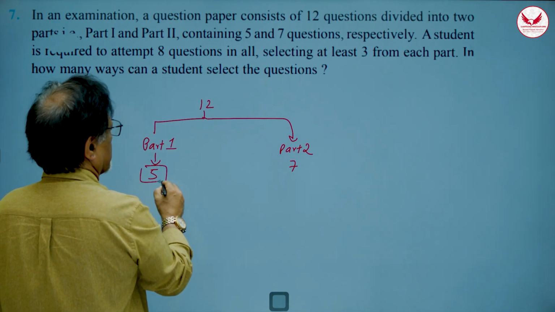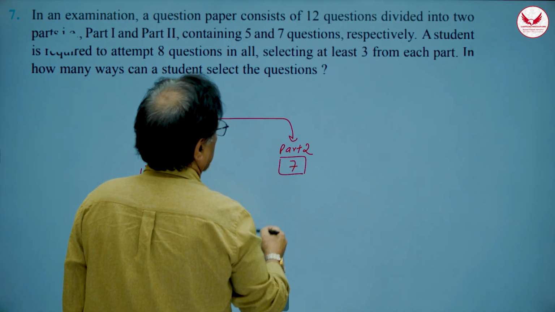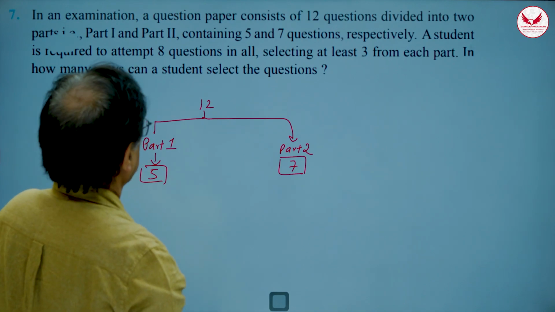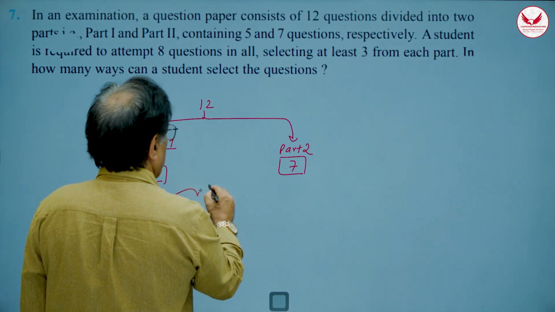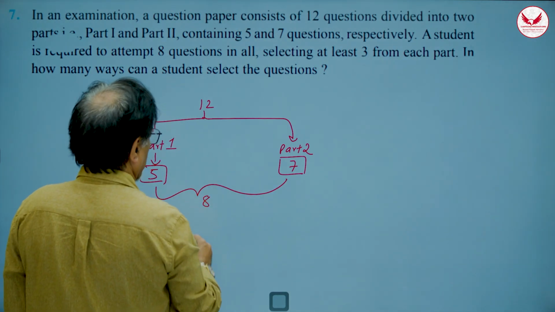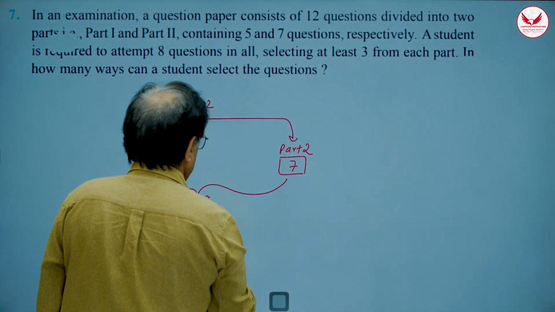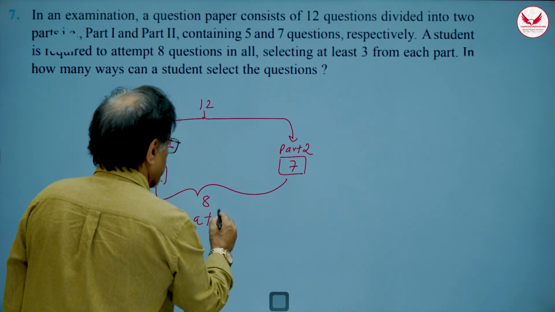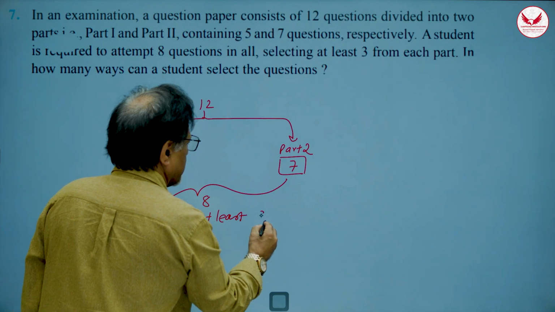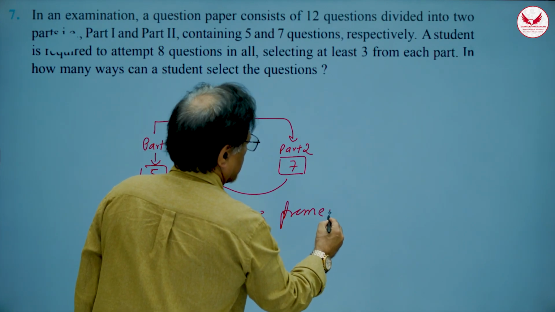So there are 5 questions available here, 7 questions available. You have to solve at least 8. So at least there are 8 questions to be answered. But the condition is that at least 3 from each.